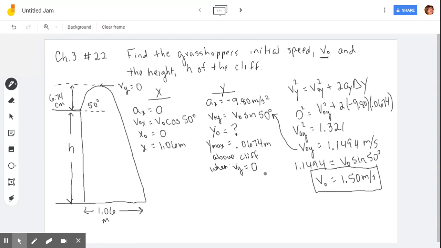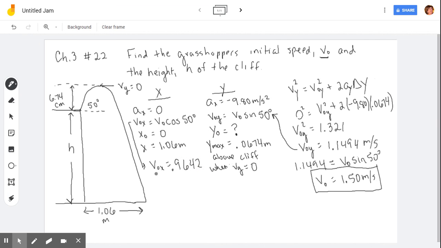All right, the height of the cliff is really pretty easy. We still need to find the time though to get it. So let's go over here and think about this. If I know how fast I'm going, I can figure out some more things down here. V0x is going to be 1.5 cosine 50. Comes out to be 0.9642.